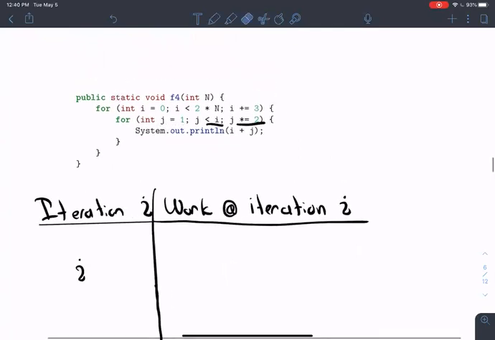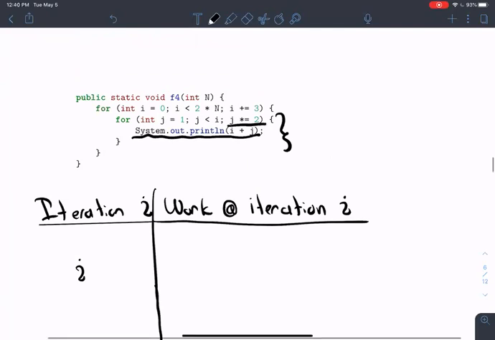Our work here is basically the same as the previous versions, except the work is how many times this inner loop with j runs, because the inside thing is constant. But here it's a little bit different because you multiply successive terms by 2.